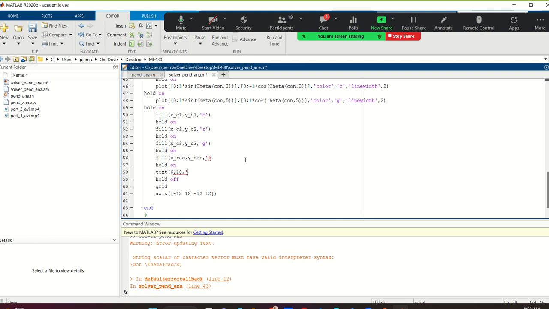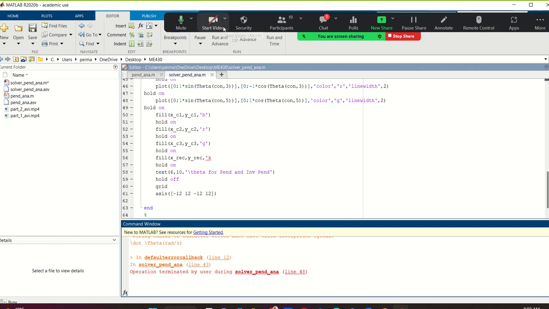Then you can say theta for pend and invert pend, for example. It's a text that you can read. Let me pause it, and I'm done with the coding for now.